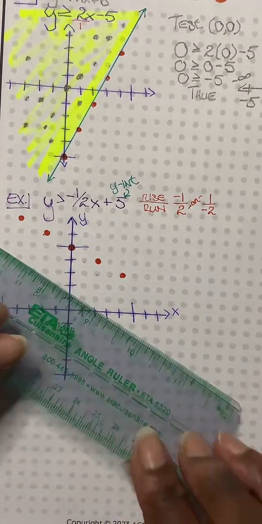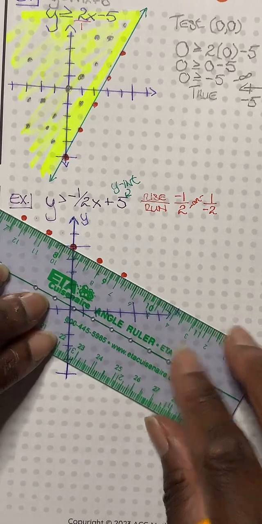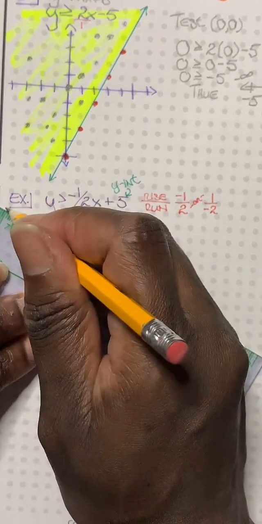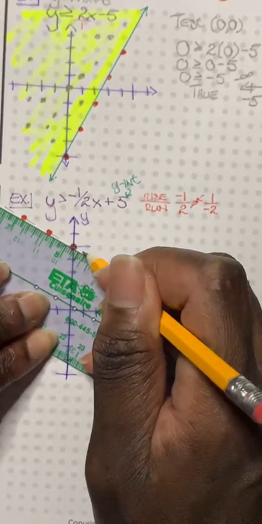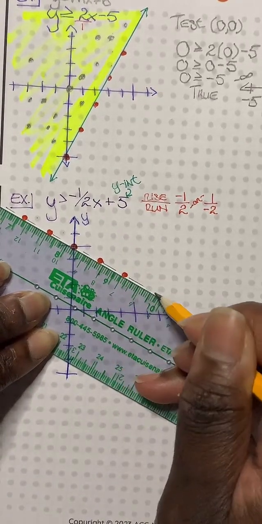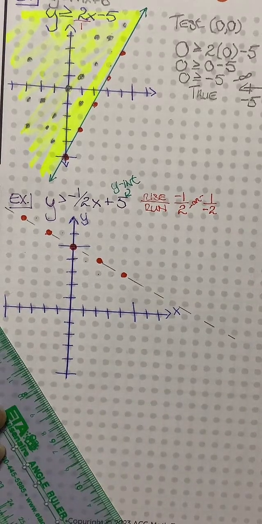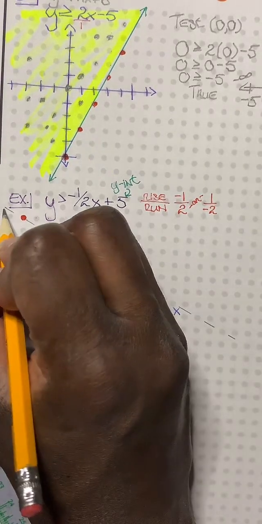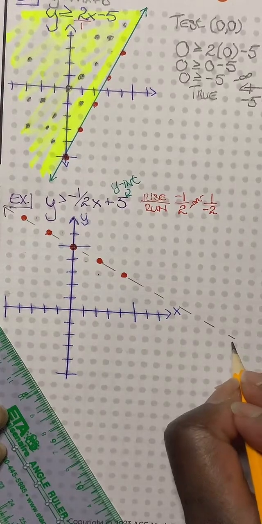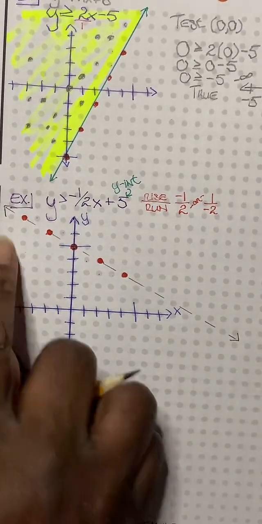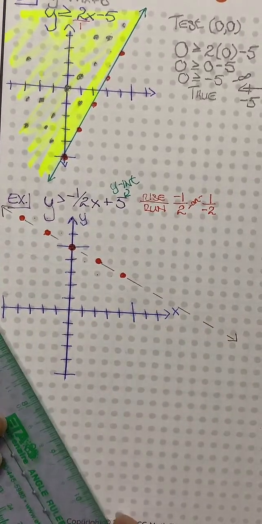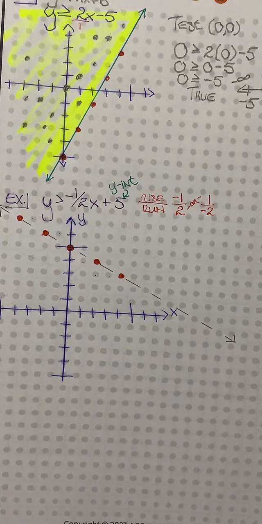So because it doesn't have a line underneath, I am doing a dashed line. Just draw up, draw up, draw up. Nicely dashed. So you're not including the points that are on that line, hence the dashed.